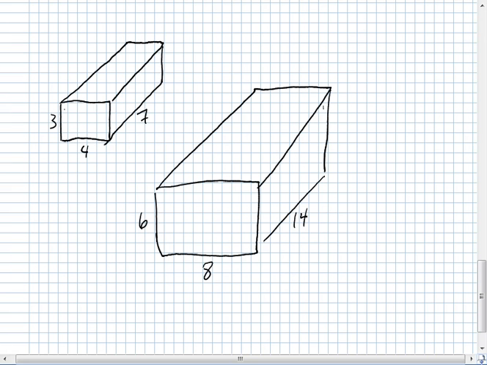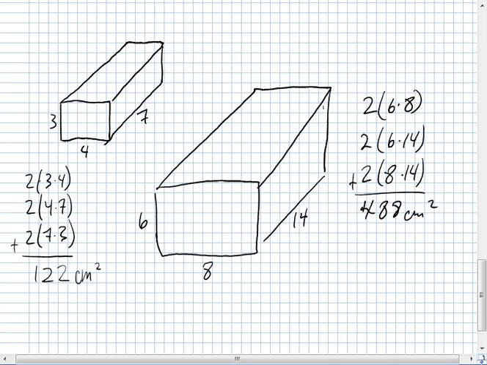If we go ahead and work it out, you get 122 centimeters squared, and then for the larger one, you get 488. So times 4. The reason why that is, for all the ones that are areas, is that you have two dimensions that you're multiplying both by 2. The area of this face here is 3 by 4, and there's two of them, so I go 2 times 3 times 4.